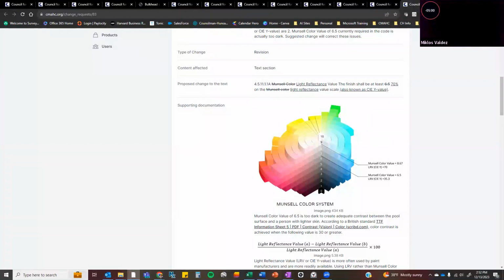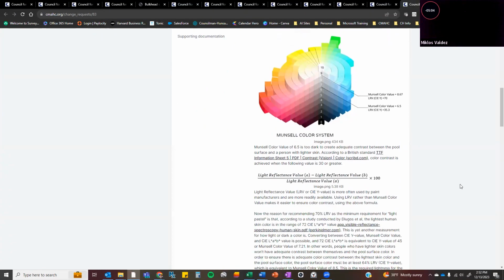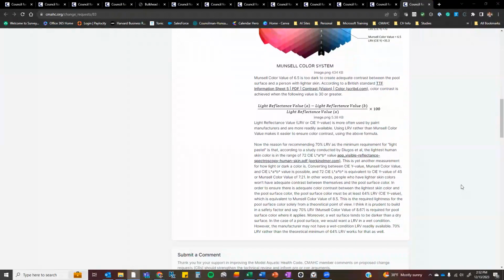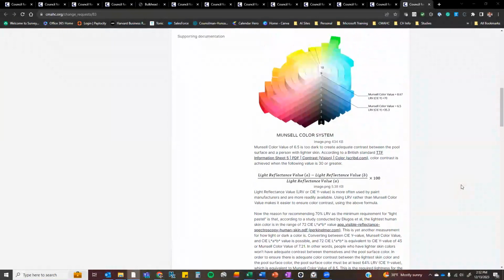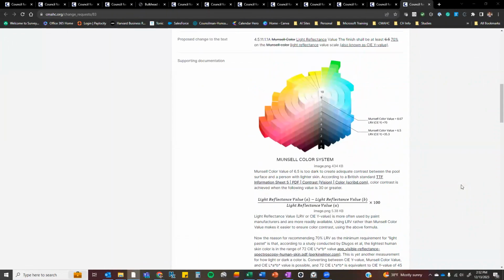How did they land on the 70%? Is that a standard? That is a standard. In signage and in the ADA, those were all things that were standard. Let's see if I can throw that up.